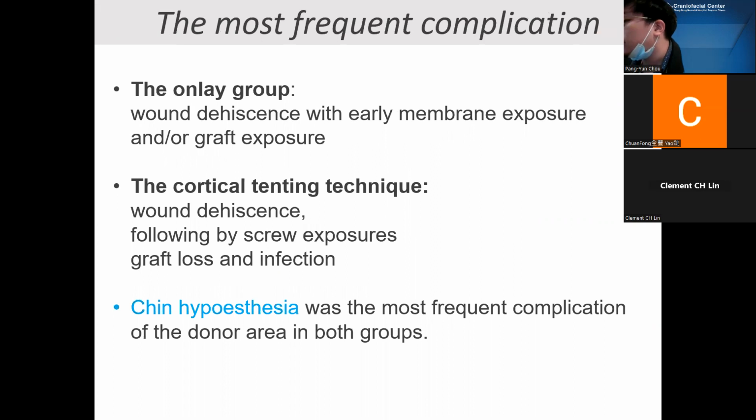The most frequent complication in the onlay group was wound dehiscence with an early membrane exposure or graft exposure. For the cortical tenting technique, the most frequent complication was also wound dehiscence, followed by screw exposure, graft loss and infection. And chin hypoesthesia was the most frequent complication of the donor area in both groups.